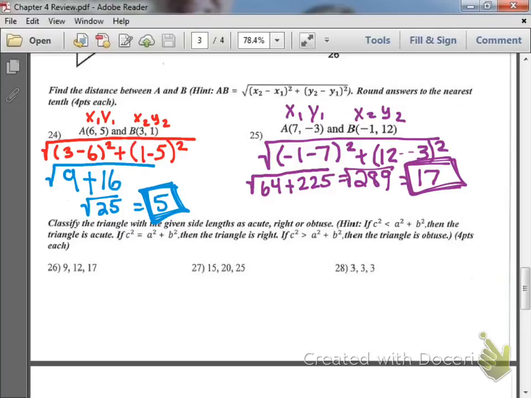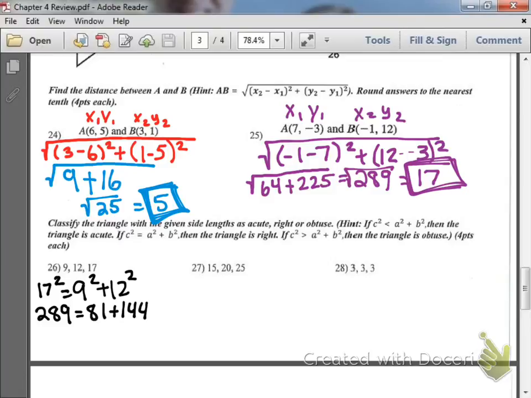All right, the next section, again, there's a really good hint in the directions, so make sure you're reading through that. The exact same hint will appear tomorrow, so be aware of that. This is where, as long as you're making the longest side C, you should be good to go. So I want to do C squared, so 17 squared, equals 9 squared plus 12 squared, and then correct it as you go. 17 squared is 289, 9 squared is 81, and 12 squared is 144.